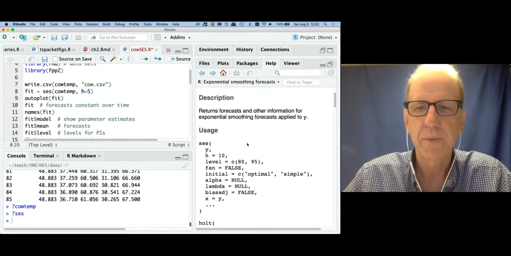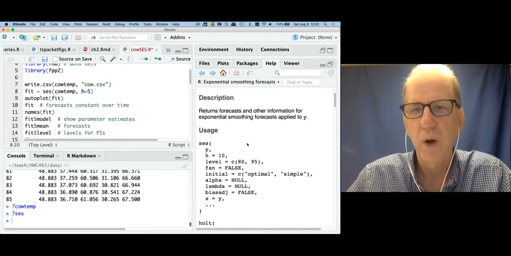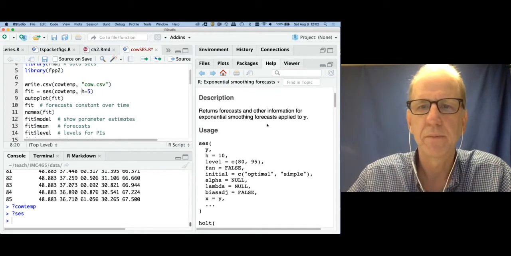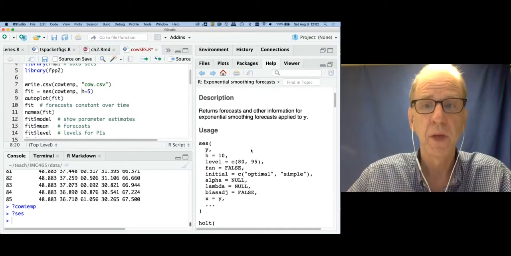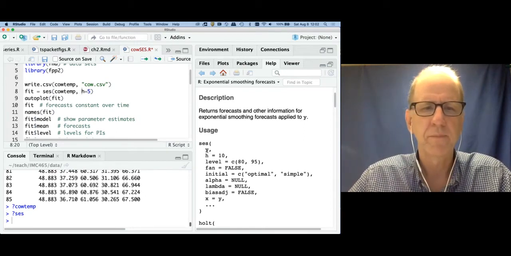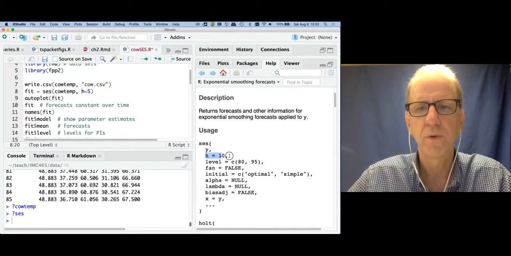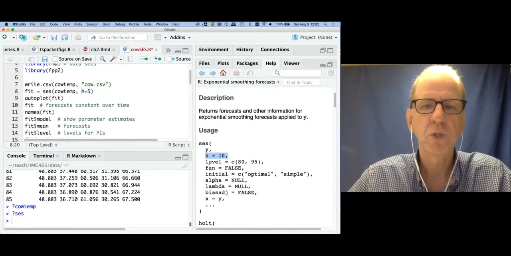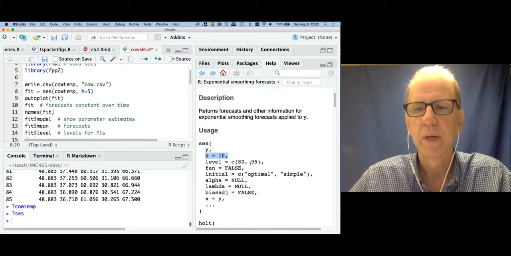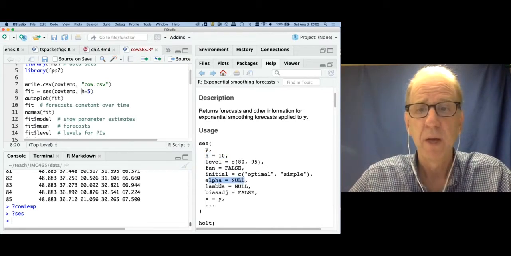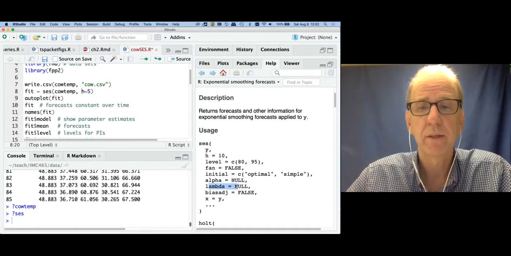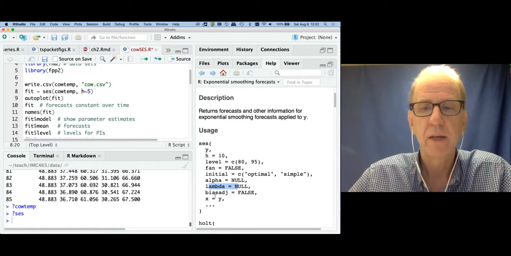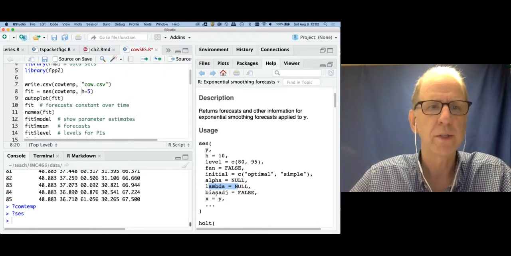This is an extremely simple wrapper that uses a more general function that we're going to learn about in a later video. All we do is give it the time series, the number of forecasts we want, what sort of prediction intervals we want, and how we want to initialize the value. If I want to give it an alpha, I can. This lambda is a Box-Cox lambda, so the function does that, and it also does bias adjustments if I want.